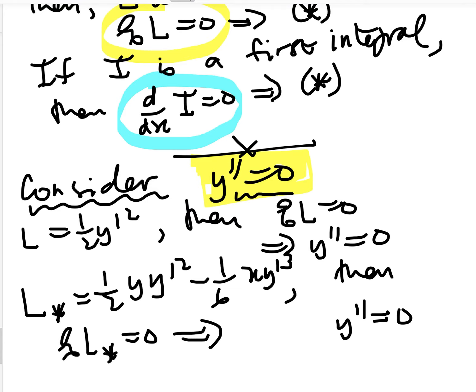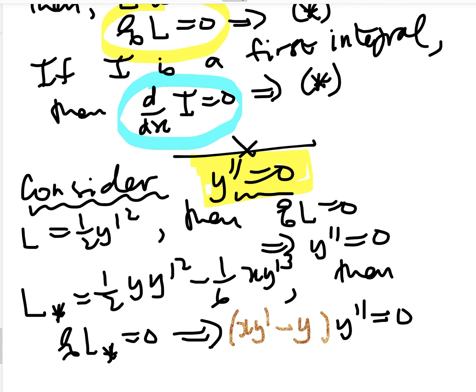But in the second case, before we concluded that y double dashed equal to 0, we had a non-trivial, non-constant factor given by x y dashed minus y.